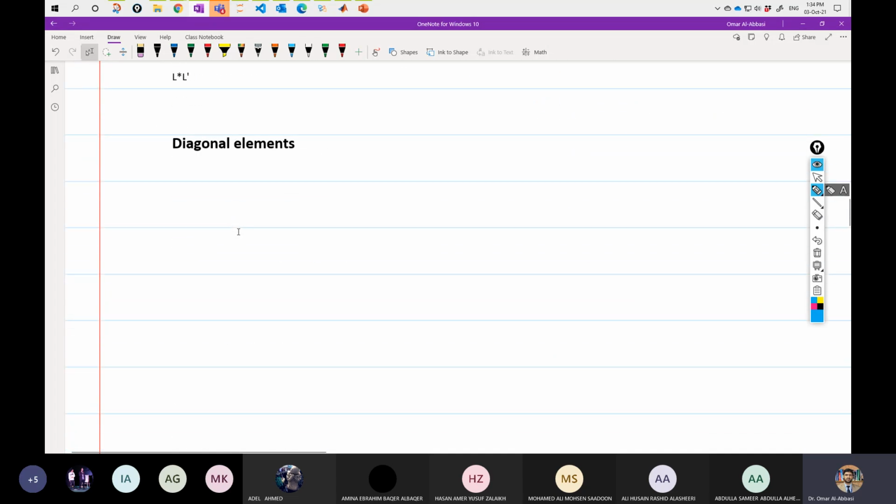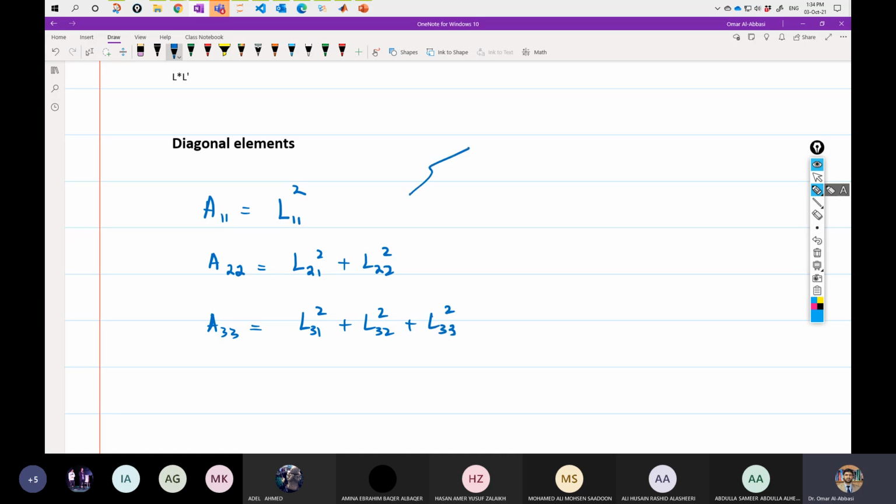Let me write it down. So for diagonal elements, we had A11 equals L11 squared, correct? And A22 equals, as we said, L21 squared plus L22 squared, right? A33 equals L31 squared plus L32 squared plus L33 squared. Okay guys, let's check A55.